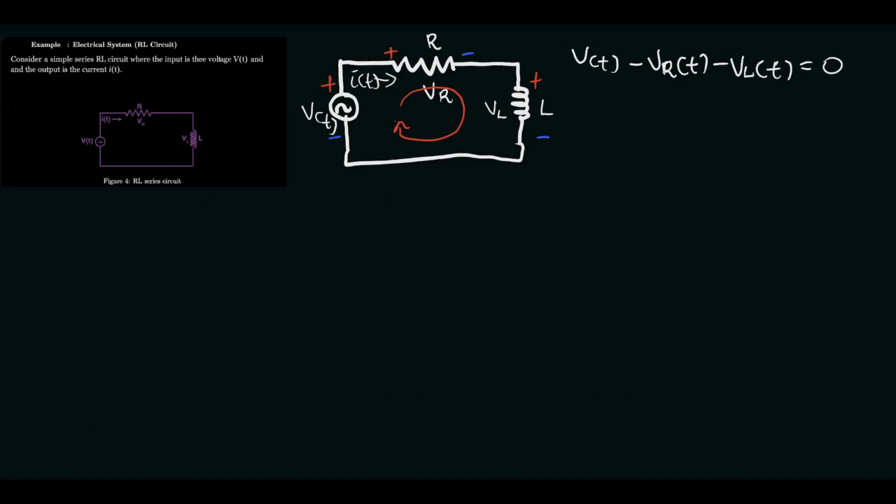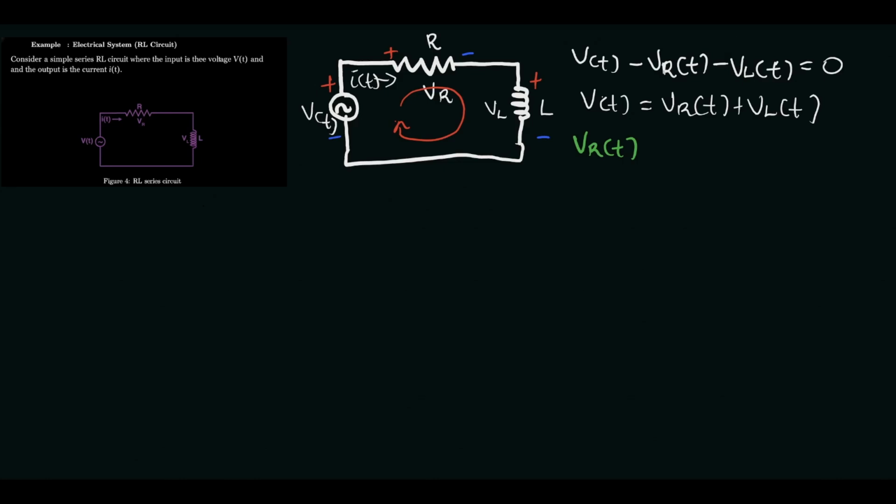We're making v(t) the subject of the formula. So your v(t) will now be equal to vR(t) plus vL(t). Now you need to find the voltage of your resistor and the voltage of your inductor.